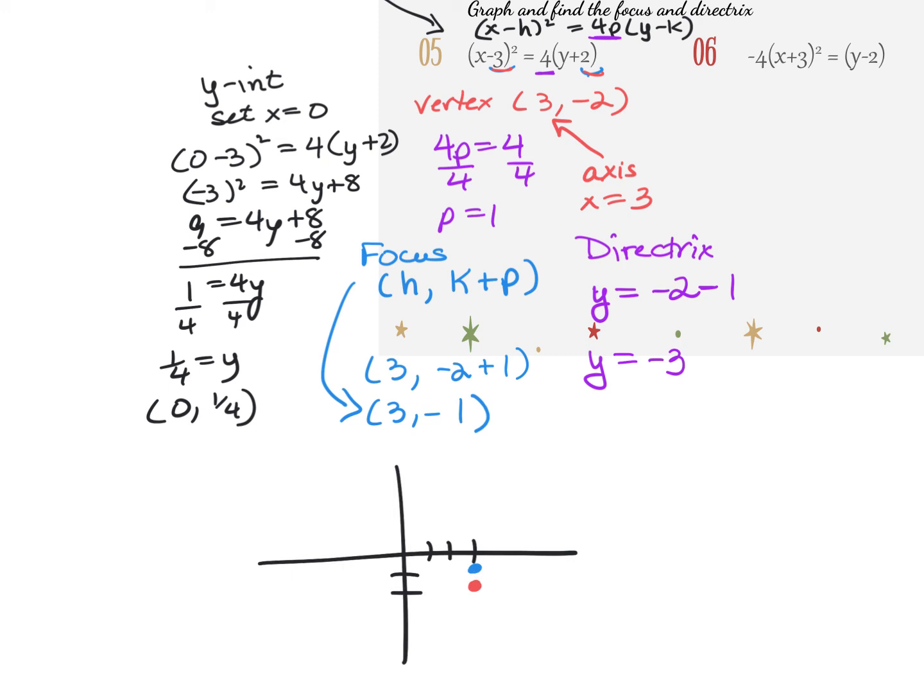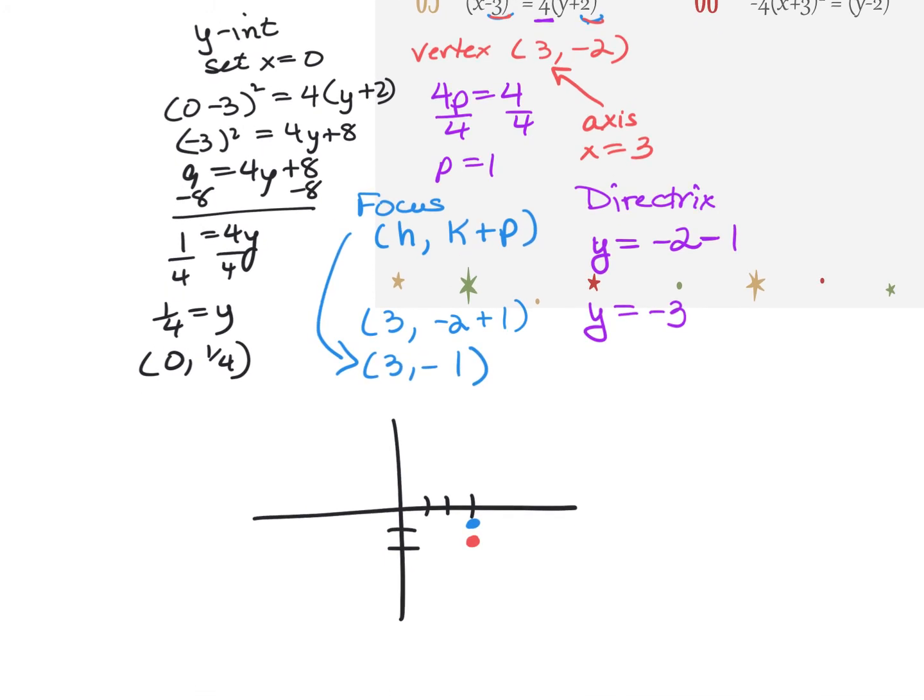So focus is in blue, vertex is in red, and now my directrix is the equation y equals -3. And my y-intercept, remember, was the 1/4 here. So my y-intercept is right here.